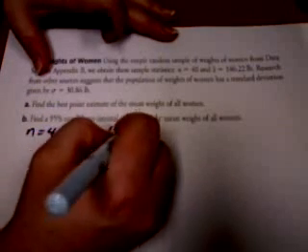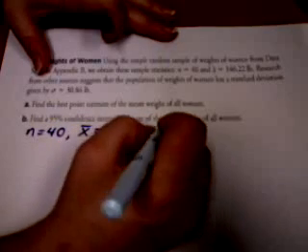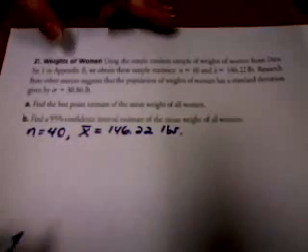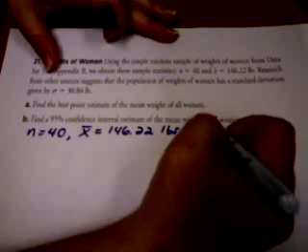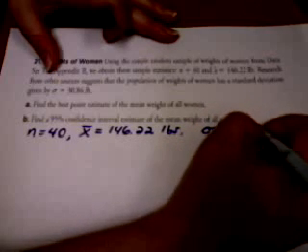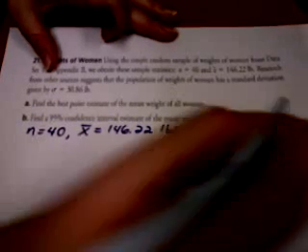We obtain these simple statistics: n equals 40, x bar equals 146.22 pounds, and the standard deviation of the population is 30.86 pounds. I wrote those a little bit bigger so you can read them.